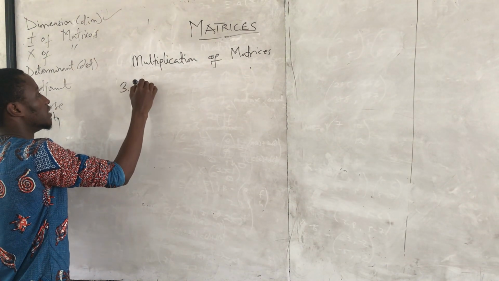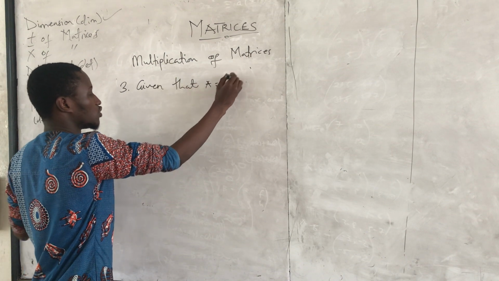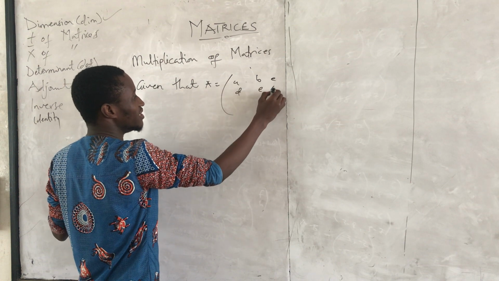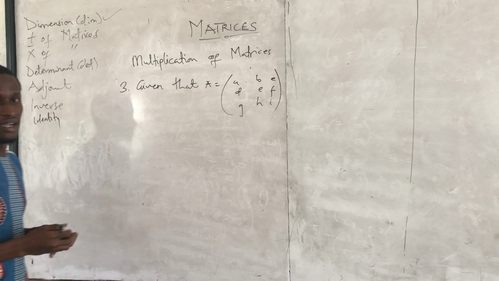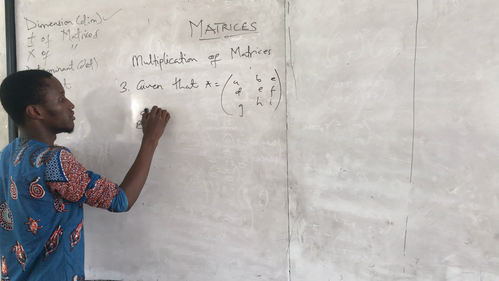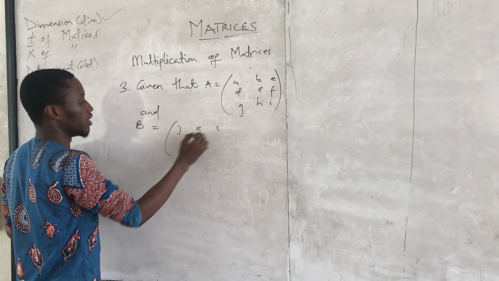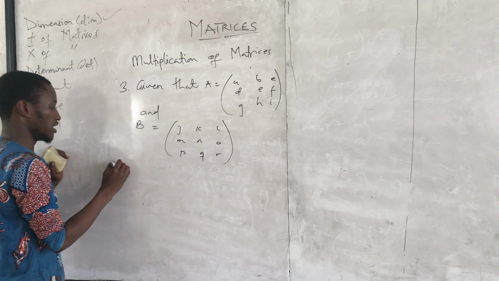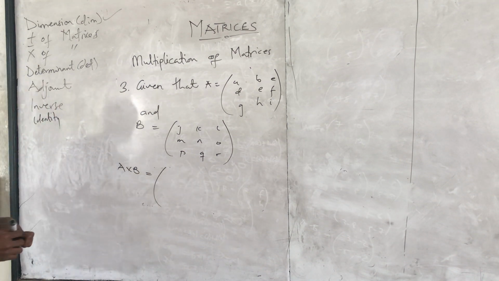So number 3, given that A is equal to A, B, C, D, E, F, G, H, I, and B is equal to J, K, L, M, N, O, P, Q, R. So A times B. In this case, we have 3 by 3.